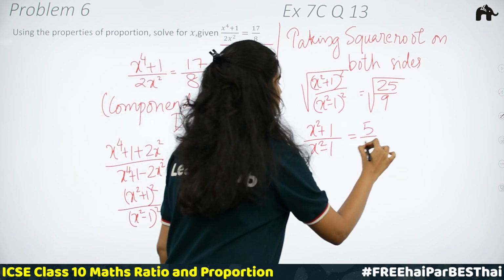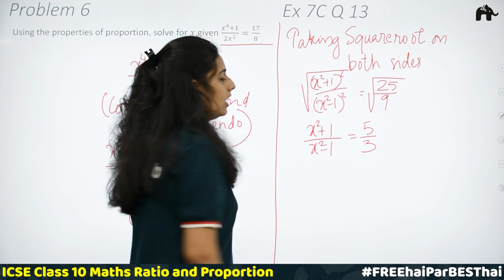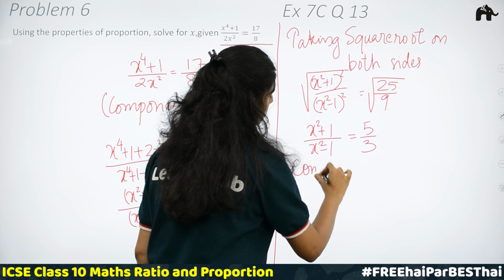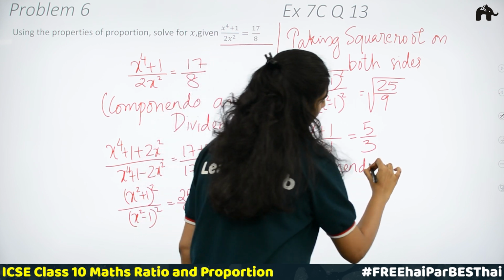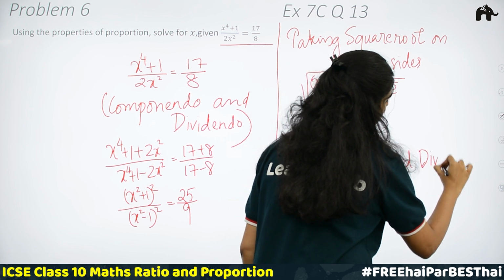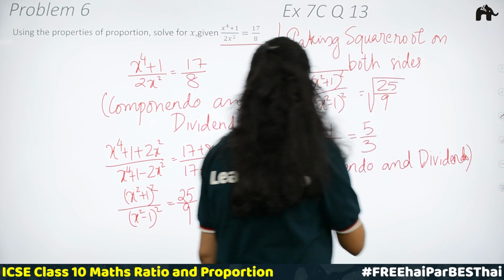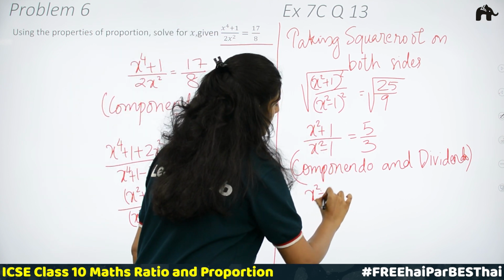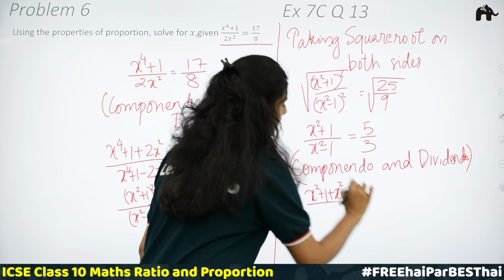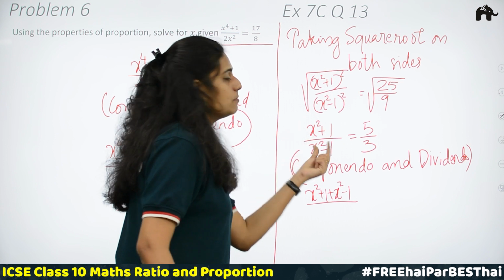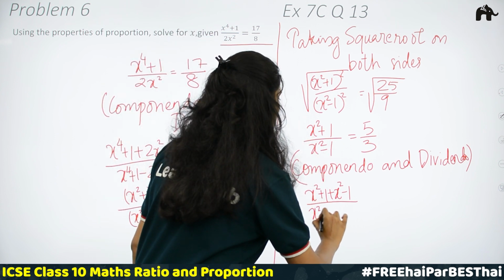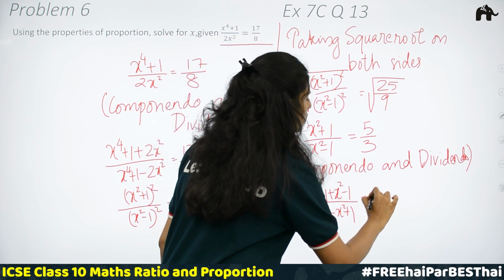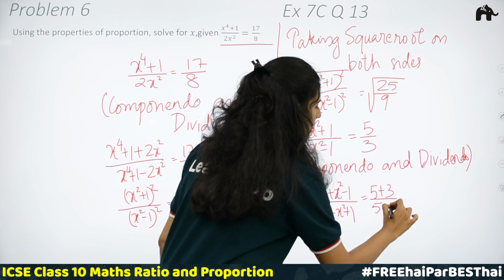Okay. Now, again we are going to apply the componendo and dividendo property. Applying componendo and dividendo property, what do we get? Numerator plus denominator, that is x square plus 1 plus x square minus 1 divided by numerator minus denominator, x square plus 1 minus x square minus of minus plus 1, that is equal to 5 plus 3 divided by 5 minus 3.